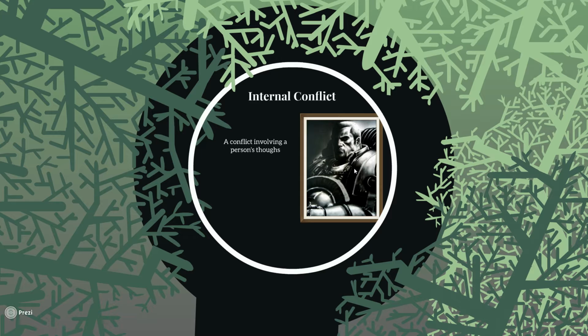But he is the one who can see Horus falling effectively, and it's really hard for him to know what to do. You've got Horus, the Warmaster, who's been influencing him so much, but then you have the Emperor, what the Emperor would want, and it's just a really internal conflict for him. So, yeah.